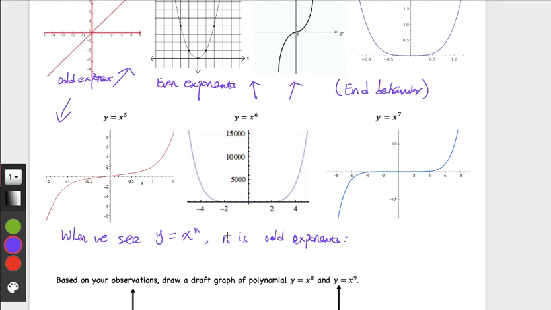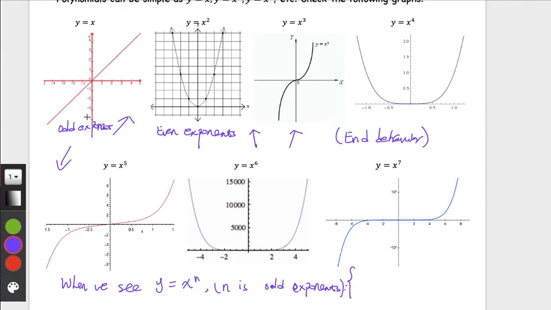When we see y equals x to the nth power, where n is an odd exponent, our conclusion for how x changes is going to be like this. I want you to focus on this part. When x gets bigger, on the right side, y is increasing. When x goes to the left side, y decreases, going down.